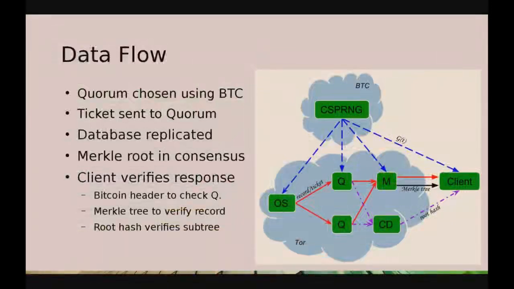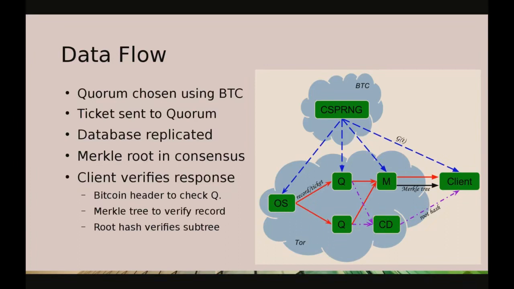So here's essentially the data flow, and there's this diagram in our paper. I want to explain all these in detail, but essentially the flow of our system is that we use the Bitcoin network to generate a secure random number. This happens every 10 minutes, and you can extract up to 32 bytes of random numbers from it.